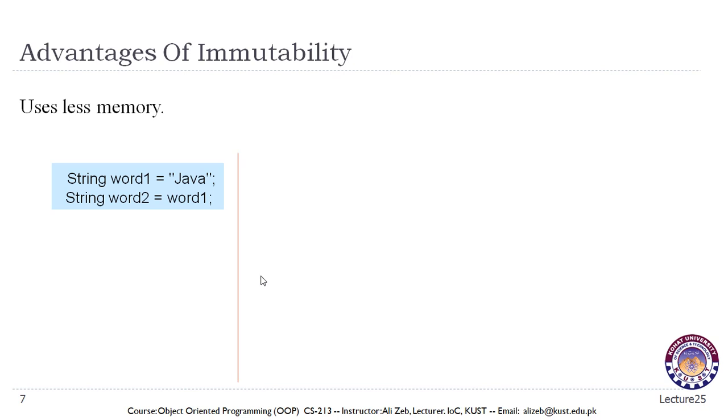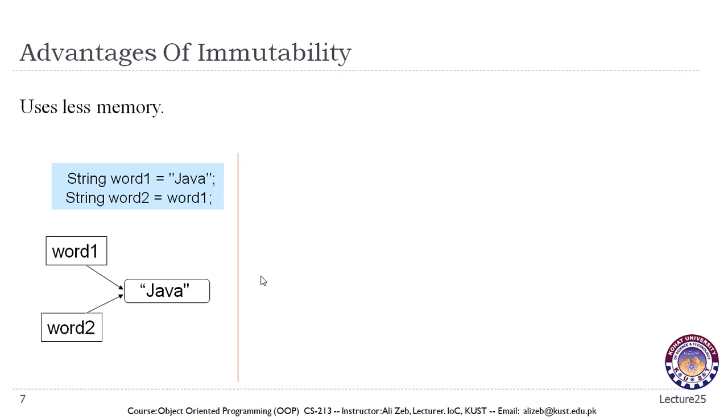For example, we have a string word1 equal to "Java", and when we have a string word2 equal to word1, both word1 and word2 will point to the same object, that is the string Java. It does not create a new word2 string with a new value. It will point to the same value.